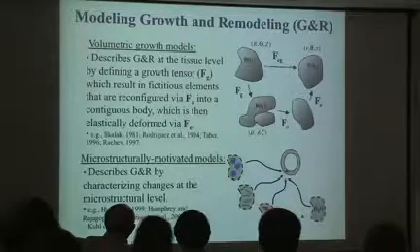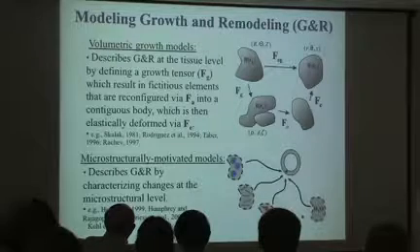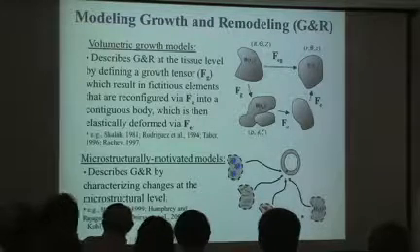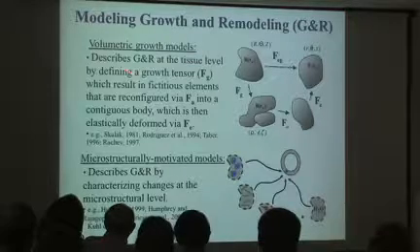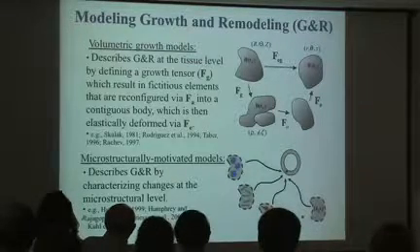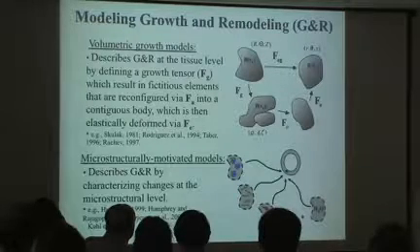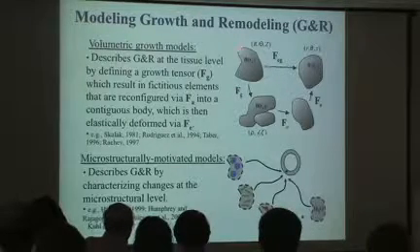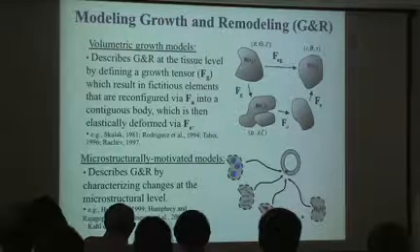So I don't want to spend a ton of time talking about our models, other than to say that there are really two main classes of approaches in modeling this process called growth and remodeling. The first is the volumetric growth models, which model growth and remodeling at the tissue level, and how our stress-free configurations evolve with time.